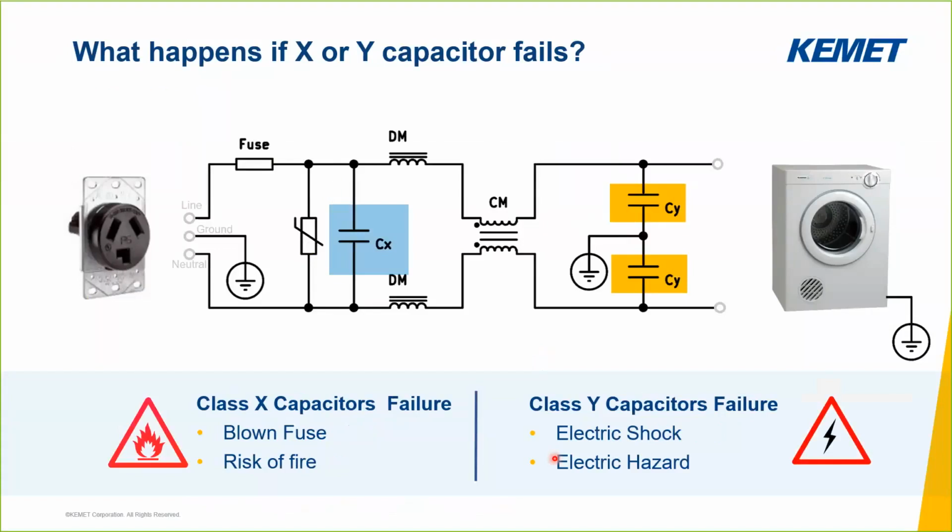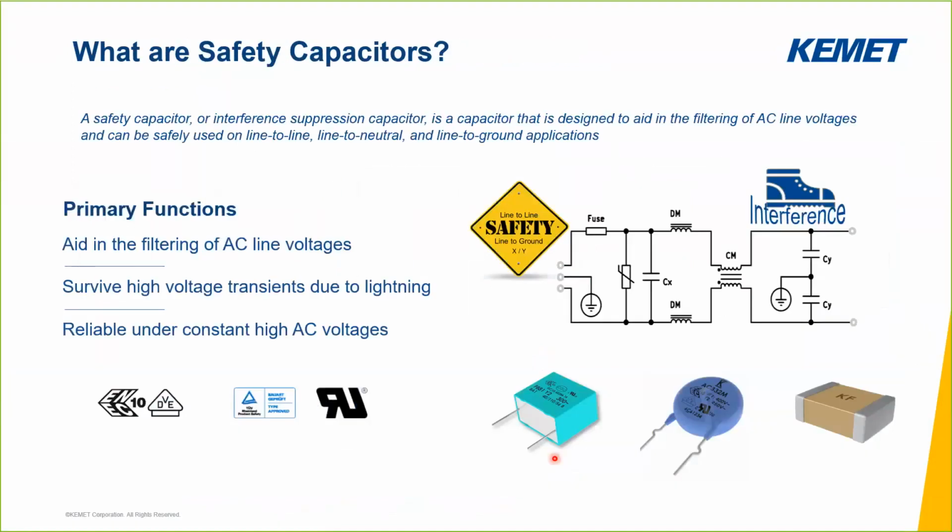The capacitor must be able to not only operate under constant high AC voltages, but also survive transient voltage spikes due to lightning surges. Now, knowing how safety capacitors operate and the importance of the reliability under high AC voltages and lightning strikes, a proper definition of safety capacitors can be provided.